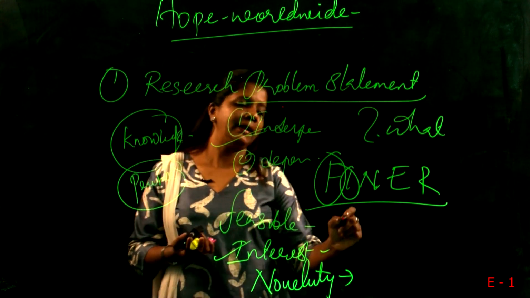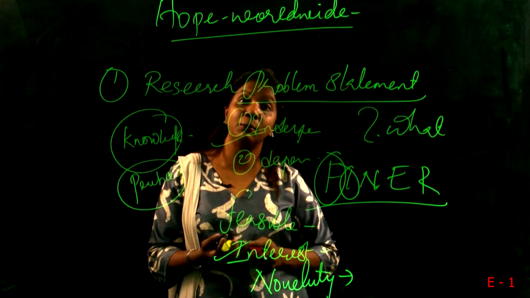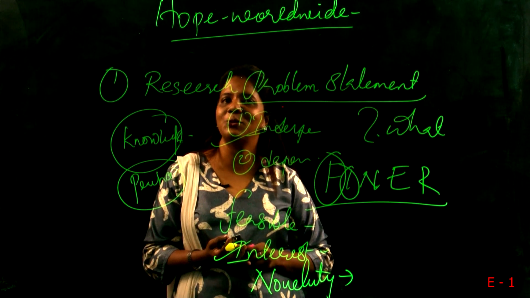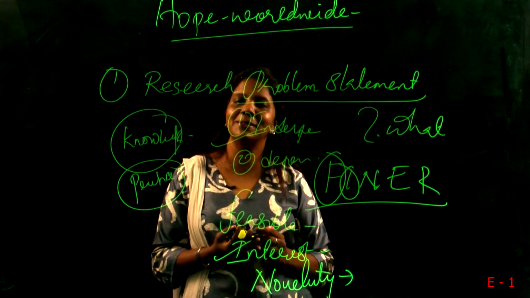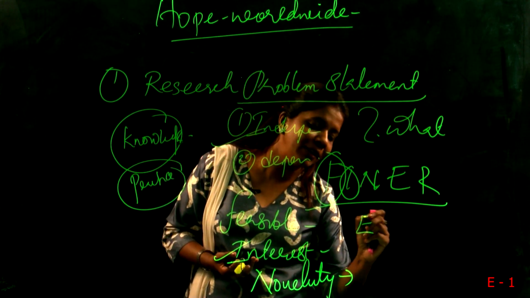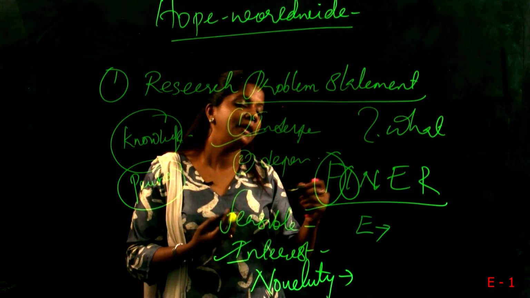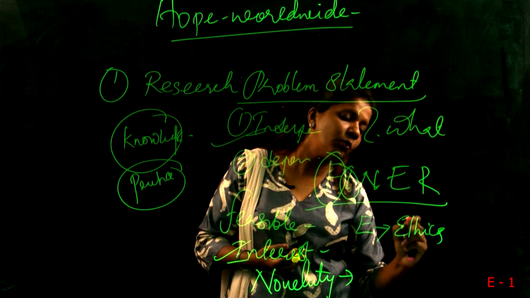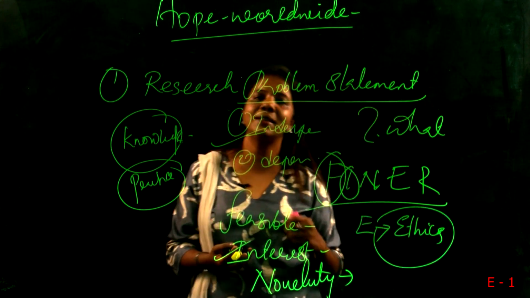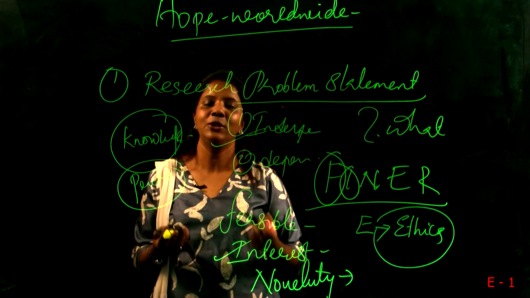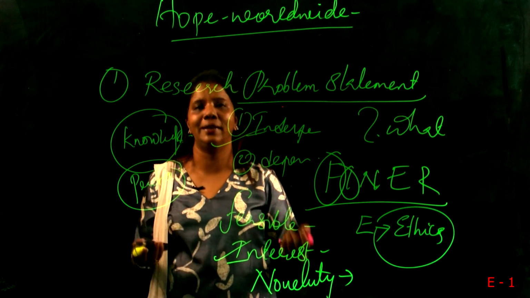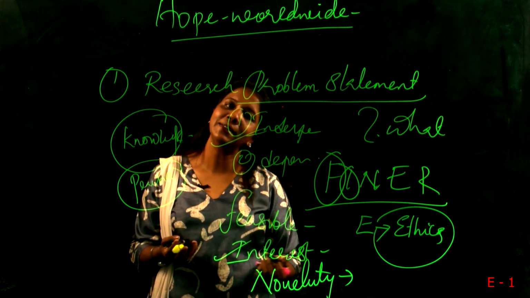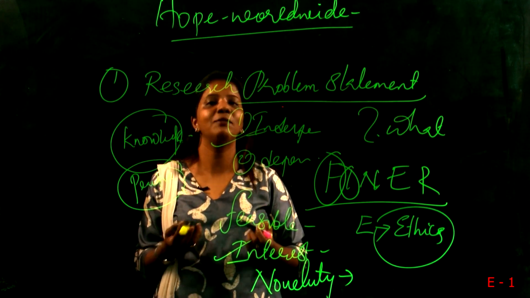Come to E. Can anybody remember what is E in research? Of course, students who are attending my offline classes will definitely know. E denotes ethics. You cannot go beyond ethics. Research is an ethical process. You need to have set rules and regulations. Without ethical consideration, you cannot have a problem statement.